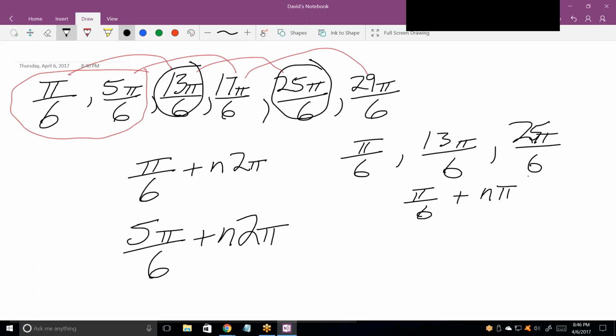2 pi, excuse me. When you use the letter n, it has a very specific connotation, and that is that it's all integers from negative infinity to positive infinity. But it's integers only. N cannot be 2.1.